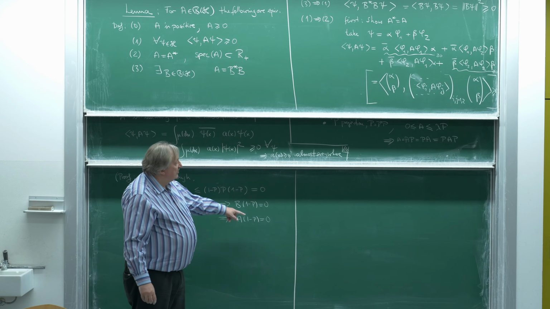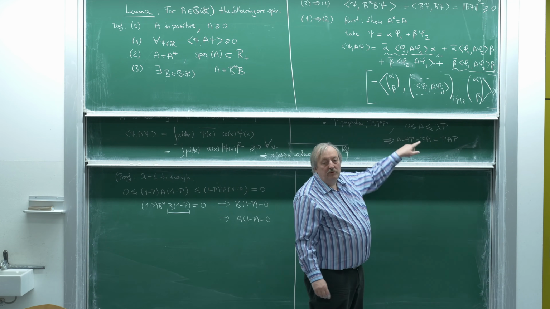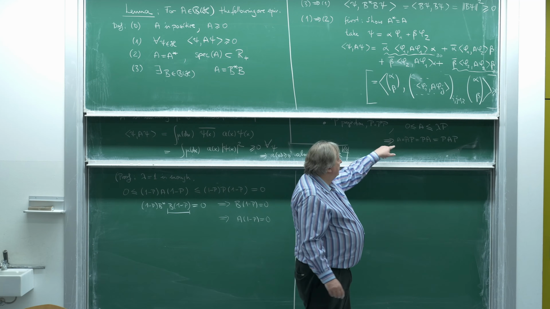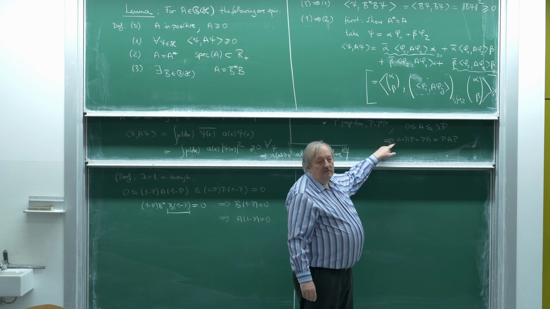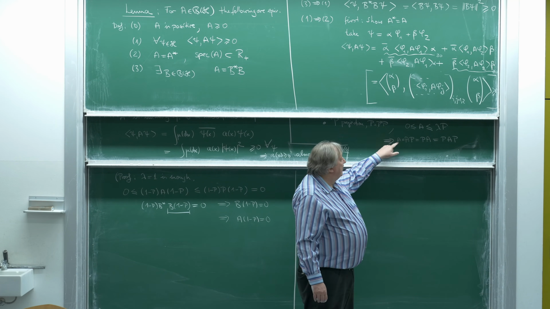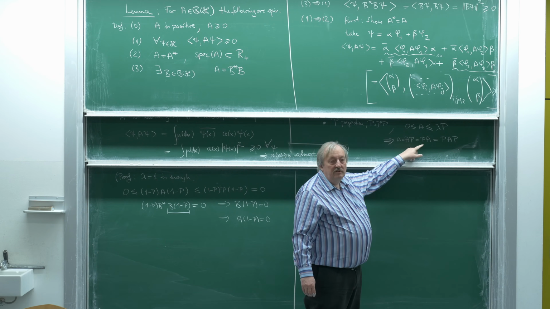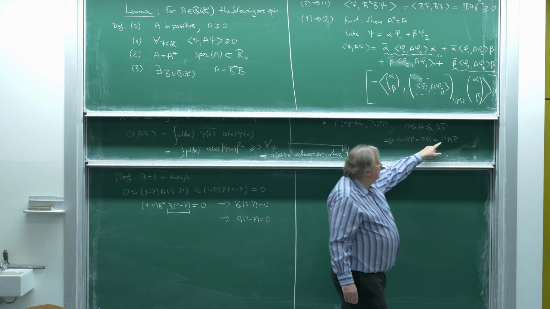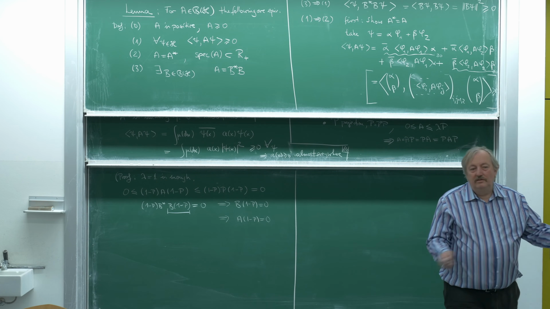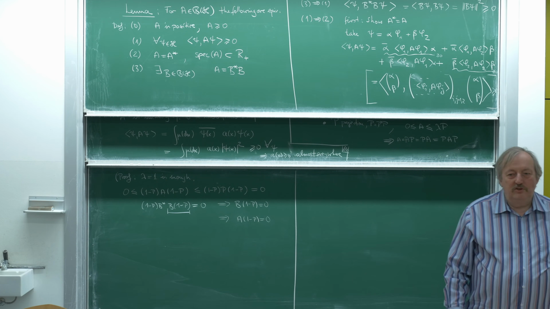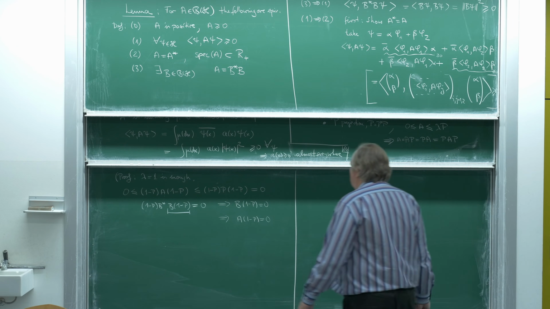But this is just the first equation here. A is equal to AP. Now I take the adjoint of this equation. A is also Hermitian, so I get that A is also equal to PA. That's just the adjoint of the first equation. And if I have these two, that means I can just add a P in at either end without changing anything, and that gives a third equation.